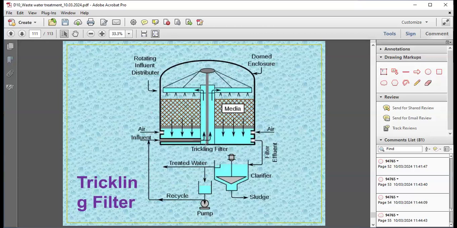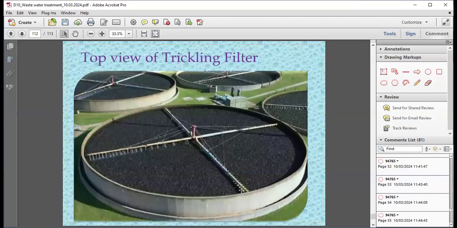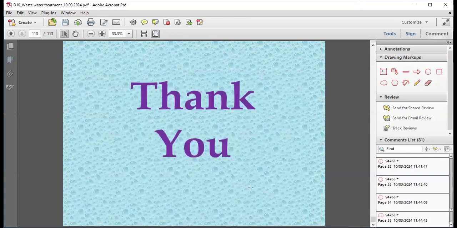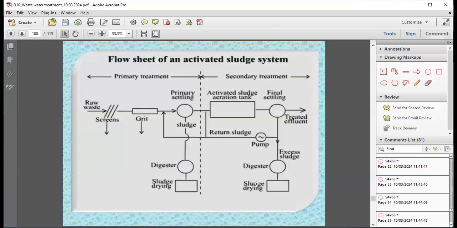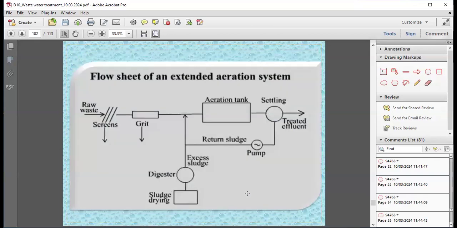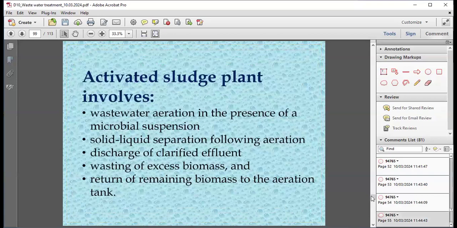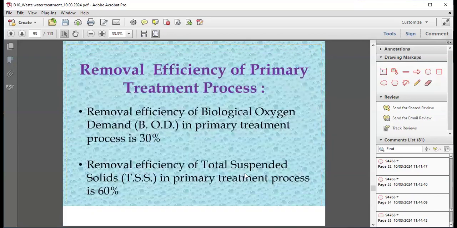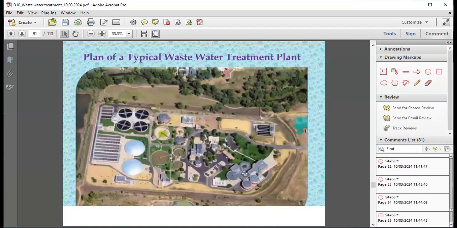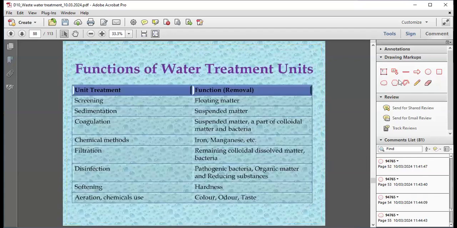This slide is a schematic diagram and the top view of the trickling filter. You can understand the top view of the trickling filter. Okay, this is one wastewater treatment. You can study it deeply for knowledge. This is an important thing.